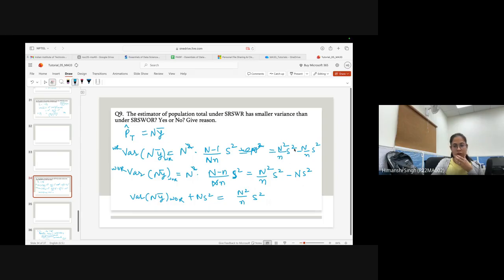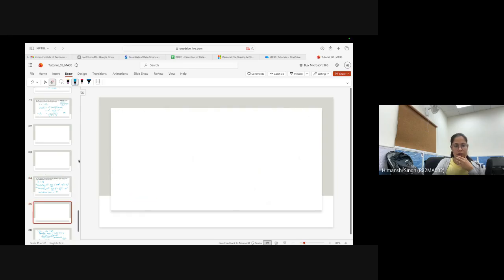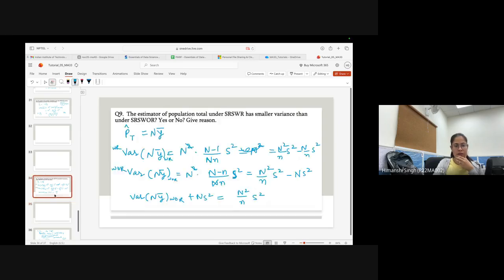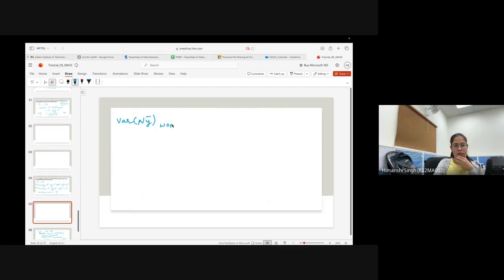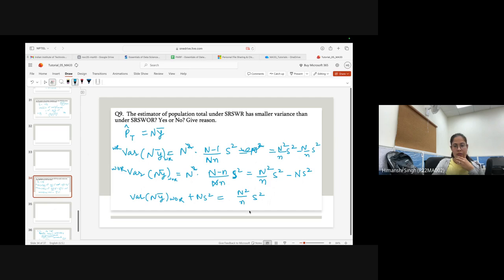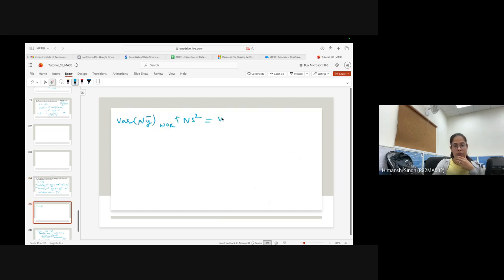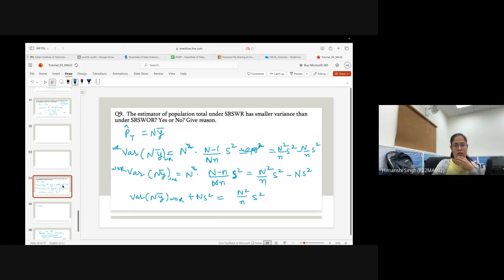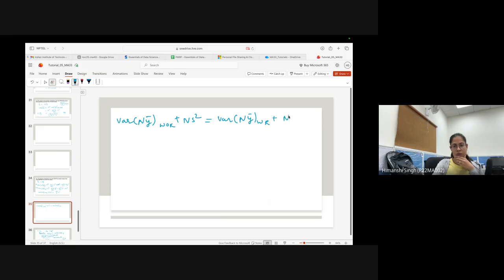Now from here, this quantity is this variance plus this. So in the next step, variance of N y bar WR plus N S square is equal to, this quantity I will write from this, variance of N y bar WOR plus N by n S square plus N by n.